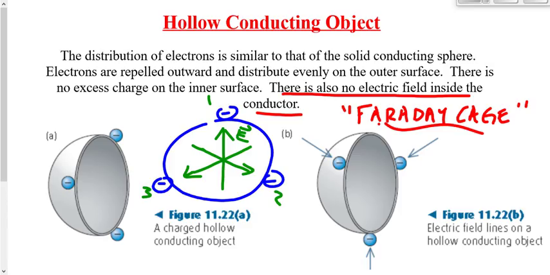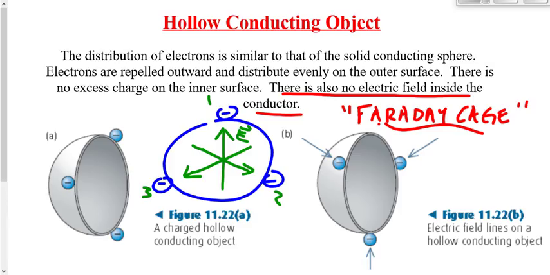Lightning will absolutely strike cars. Cars are made out of metal. Lightning will strike it. Lightning will strike airplanes. Happens all the time. You may have been in an airplane that was struck by lightning and not even know it. You are perfectly safe inside an airplane or a car that's been struck by lightning because the net electric field inside the car or the airplane is 0.